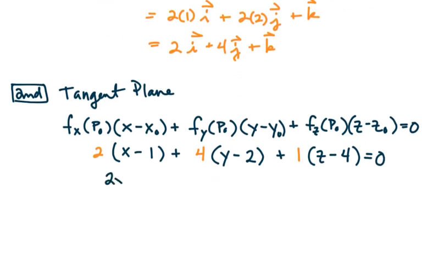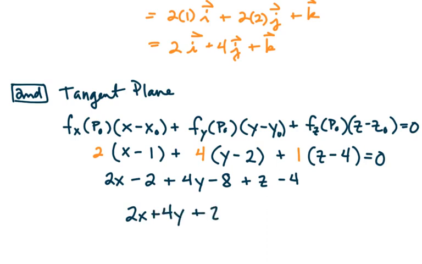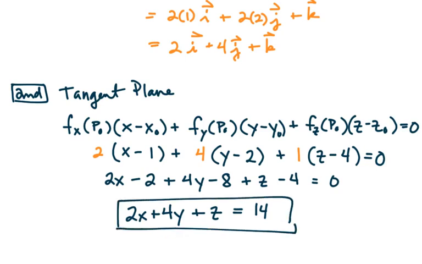I have 2x minus 2 plus 4y minus 8 plus z minus 4, which gives me 2x plus 4y plus z, and that would have been negative 14 on the left side, so that'll be positive 14 on the right. So 2x plus 4y plus z equals 14. That's the equation of my tangent plane.